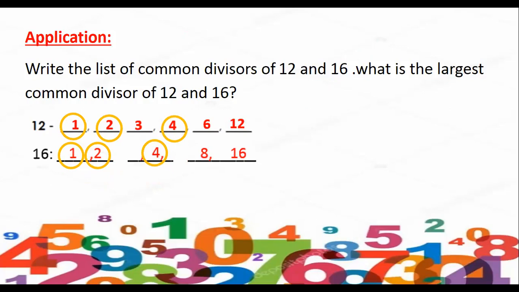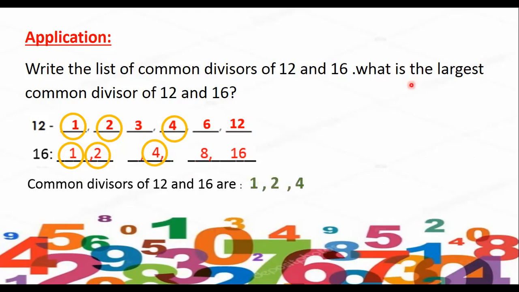Now I want to find the greatest common divisor. Yes, Omar, which is the greatest one of the common divisors? Unmute yourself. The greatest common divisor is 4. Thank you. Excellent. So, first of all, I write the divisors of 12 and 16.